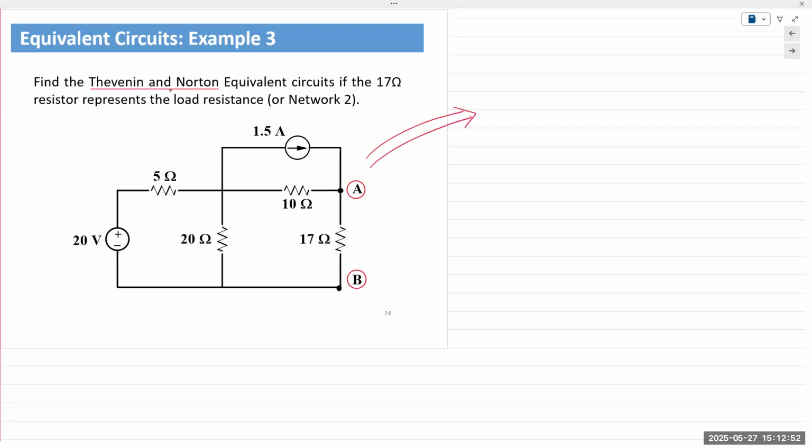So it's going to look like this. I have a 1.5 amp current source at the top, resistor, output resistor, and then a voltage source on the left. And that does it.